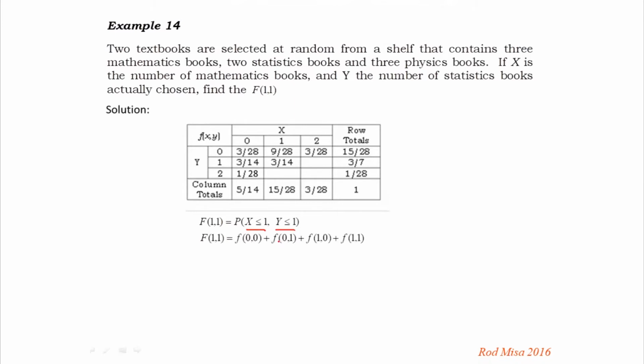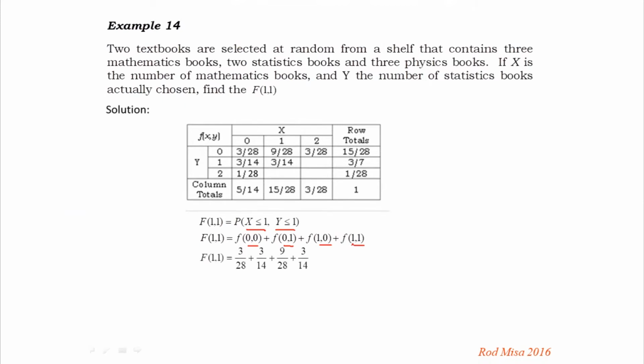Therefore, the only possibilities are the probabilities of your random variables at 0, 0, because your x and y are both not greater than 1. Also the probability values for 0, 1 and 1, 0, and also 1, 1. Because looking at the values in the first number of the ordered pairs, we have numbers that are not greater than 1. And so with the second number in the ordered pairs.